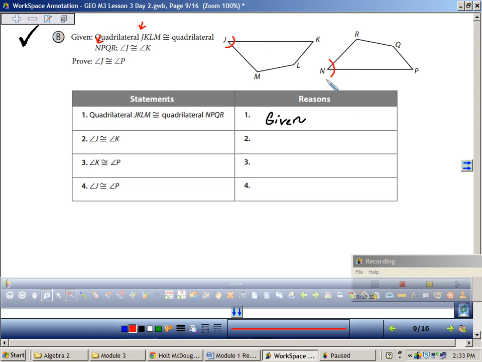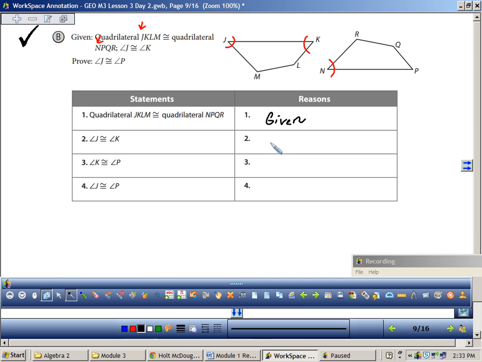So J is congruent with N. I know that based on what they told me, right? They also told me that J is congruent with K. Okay, this is a big clue. Whenever they give you a statement and then give you an extra piece of information, it means that there's a middleman going on here. So J is congruent with K is also a given, correct?